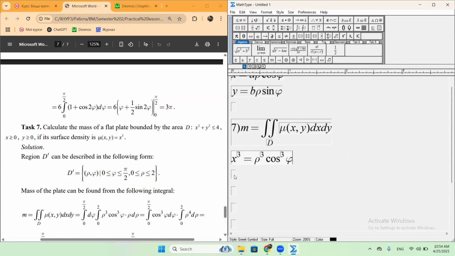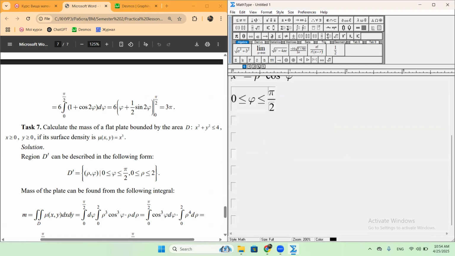By the way, from the graph we can see that phi changes from 0 to π over 2, sorry. And rho changes from 0 to 2, because the radius of the circle equals 2.